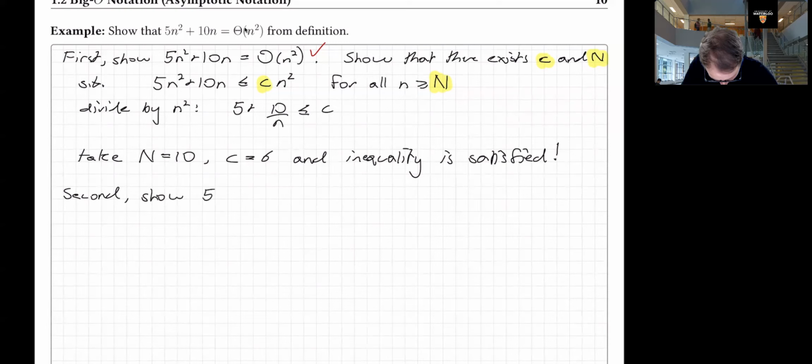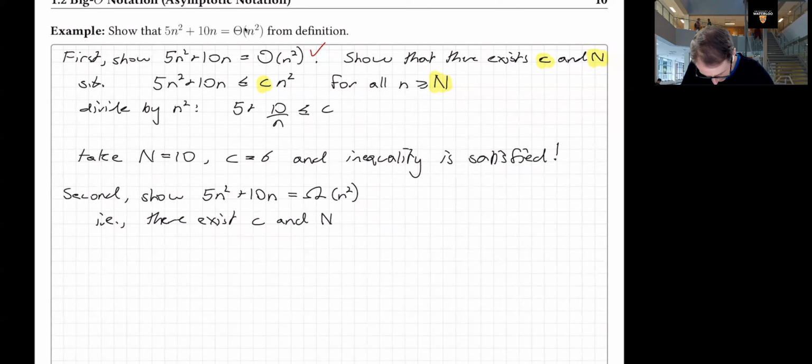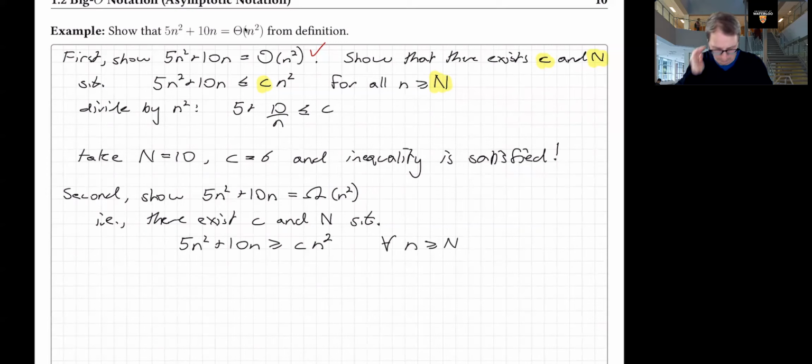We want to show that 5n squared plus 10n is big omega of n squared, i.e., there exist positive c and N such that 5n squared plus 10n is greater than or equal to a constant times n squared for all n greater than or equal to N.